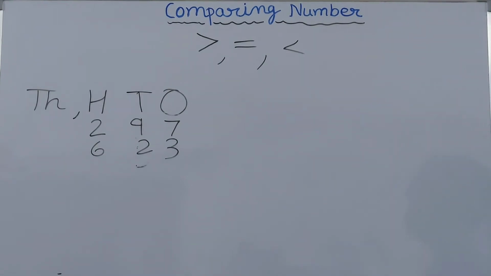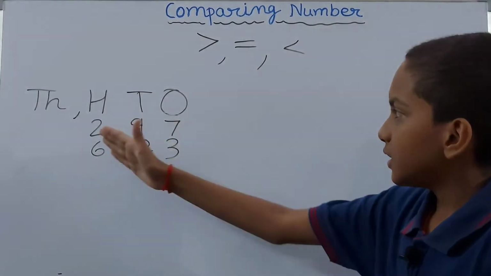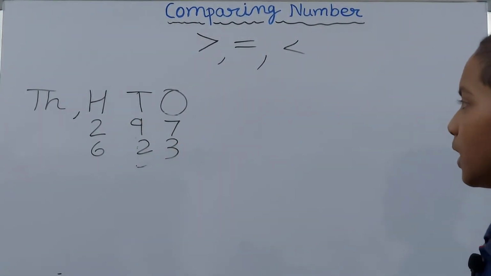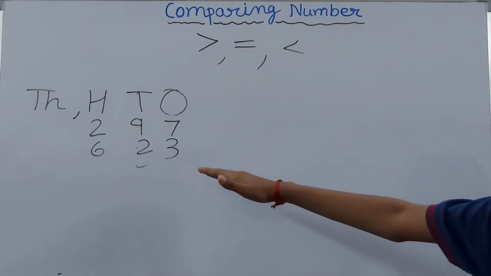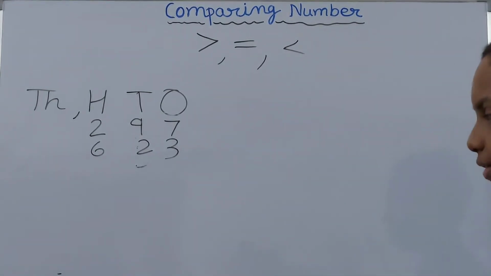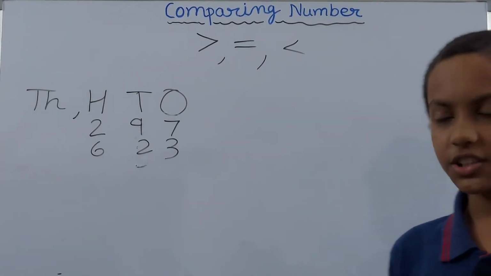You can see the first one is 297 and the second one is 623. So friends, now we have to compare these two numbers.